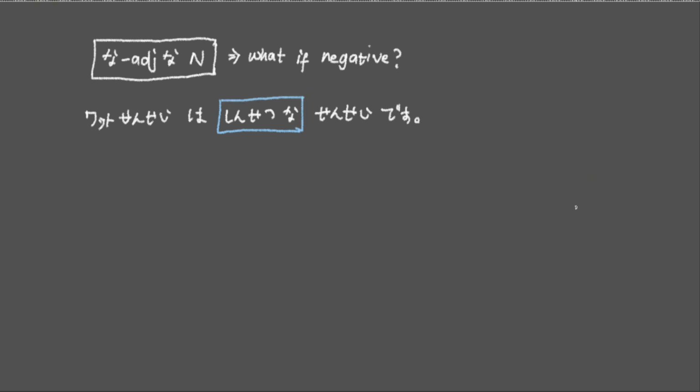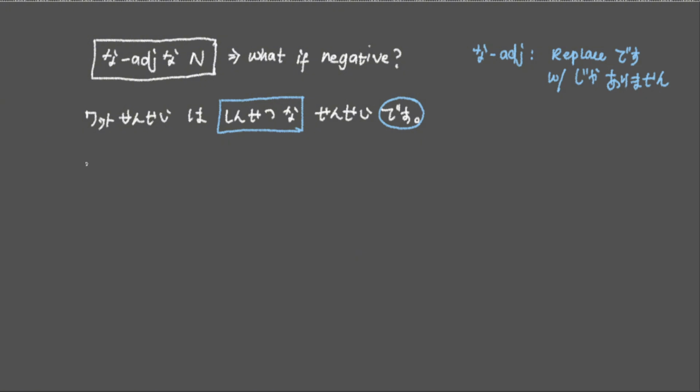If we want it to be negative, for na adjectives, we replace this with ja arimasen. So in this case, we need to replace this with ja arimasen.